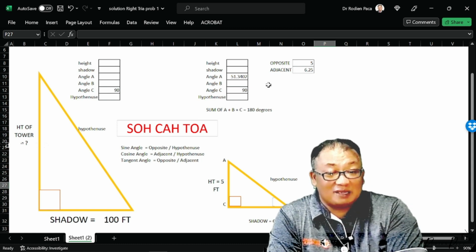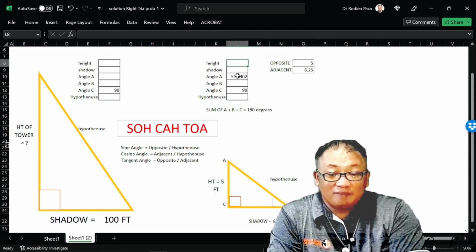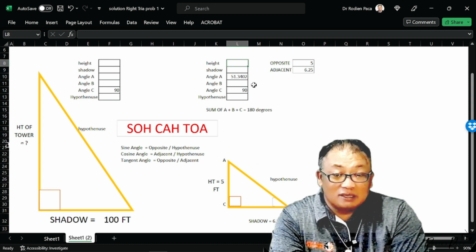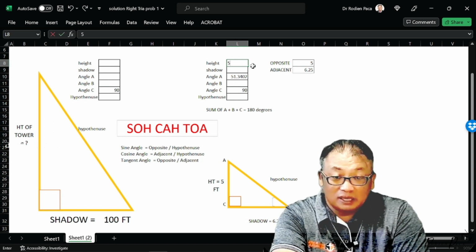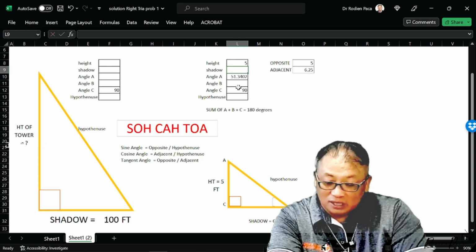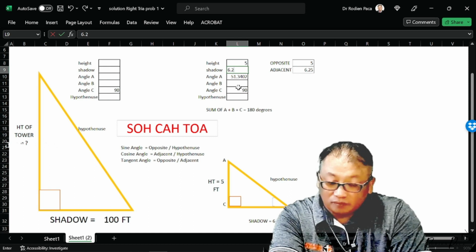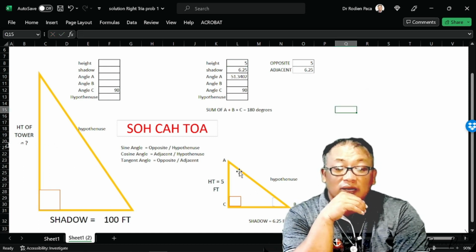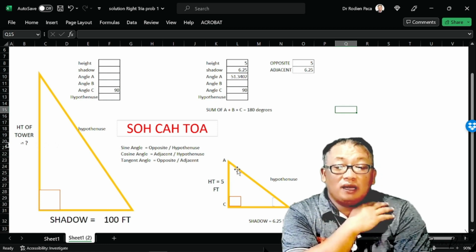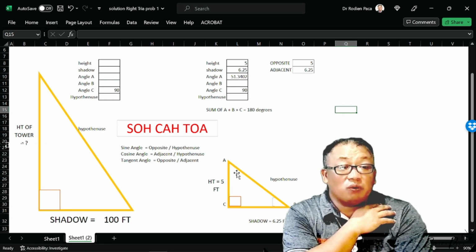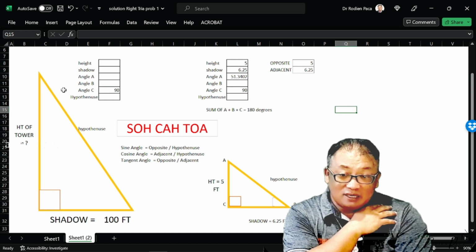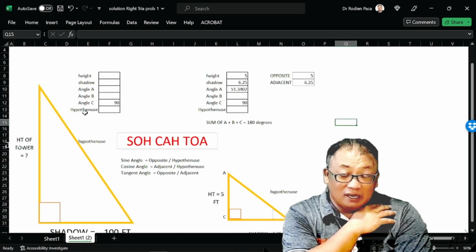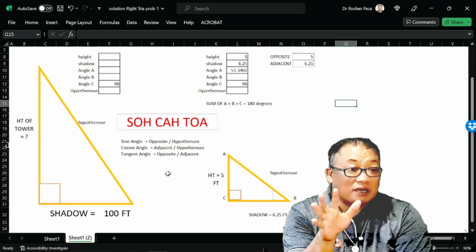First, by Excel. The height, I'm talking about this one, is given as 5. The shadow is 6.25. So angle A, this is angle A, is the one that we are looking for because the sun is here, and the sun creates two shadows parallel to each other.